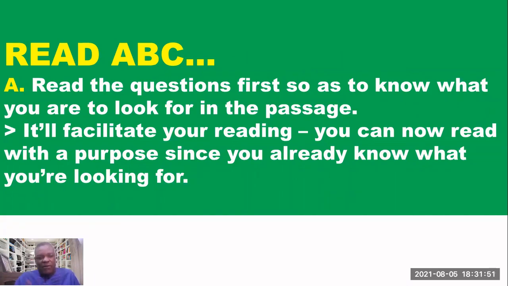You have understood what the examiner wants you to summarize. So armed with this piece of information, you are now going to look for the facts, the points, the main points in the passage that will enable you to summarize what you have been asked to summarize. So that enables you to read the passage with a purpose, since you already know what you are looking for.